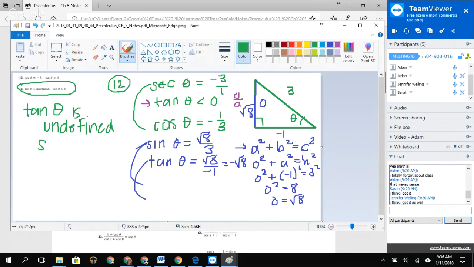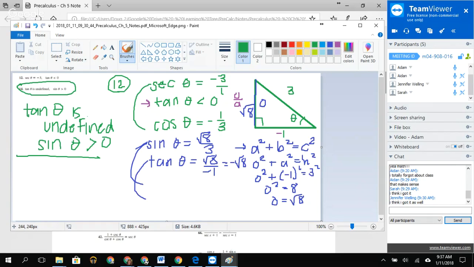We have that the sine of theta is greater than 0. Okay, so what in the world does that mean? When something is undefined, typically that means that we have a 0 in the denominator, right?